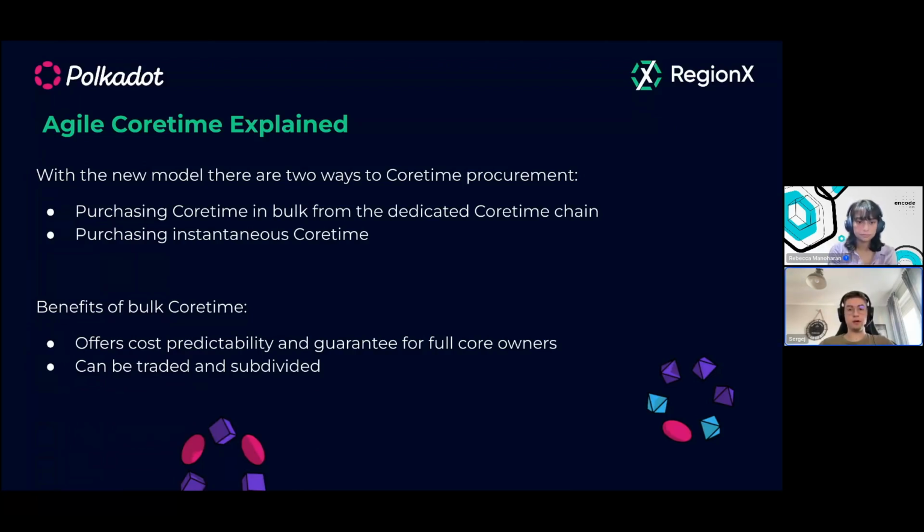Unlike the slot auction model, this takes place every month, and there are multiple cores sold at once. And the other option is purchasing instantaneous Coretime, which is essentially for projects that want to pay for Coretime on demand. So not ahead, but during their operation, continuously pay for the Coretime they use.